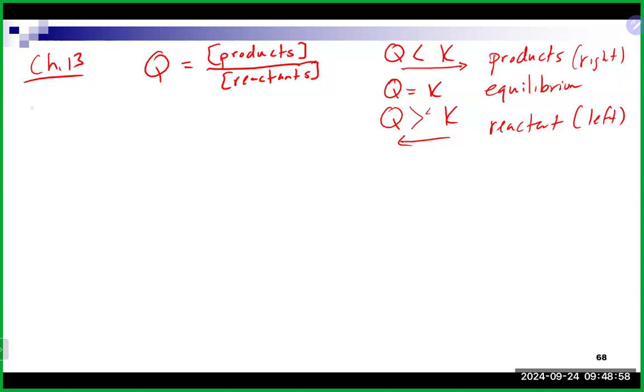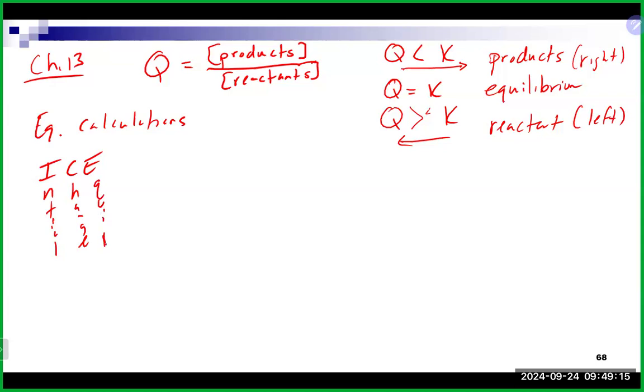Speaking of that, we talked about equilibrium calculations, and basically we use our ice tables to do that. Initial, change, and equilibrium.